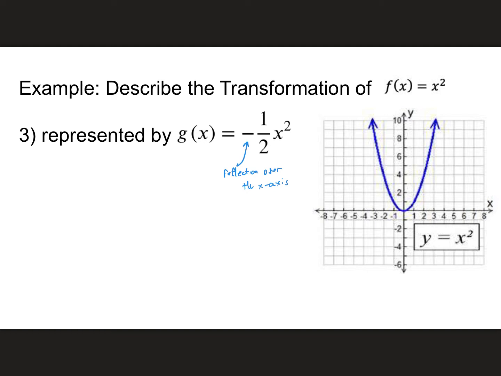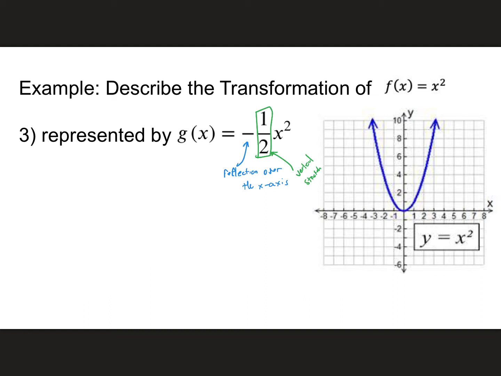So that's how I know it's a reflection over the x-axis. It's the same reason that I know that this 1/2 right here is a vertical stretch or shrink for our particular problem. In this case, it will be a stretch.